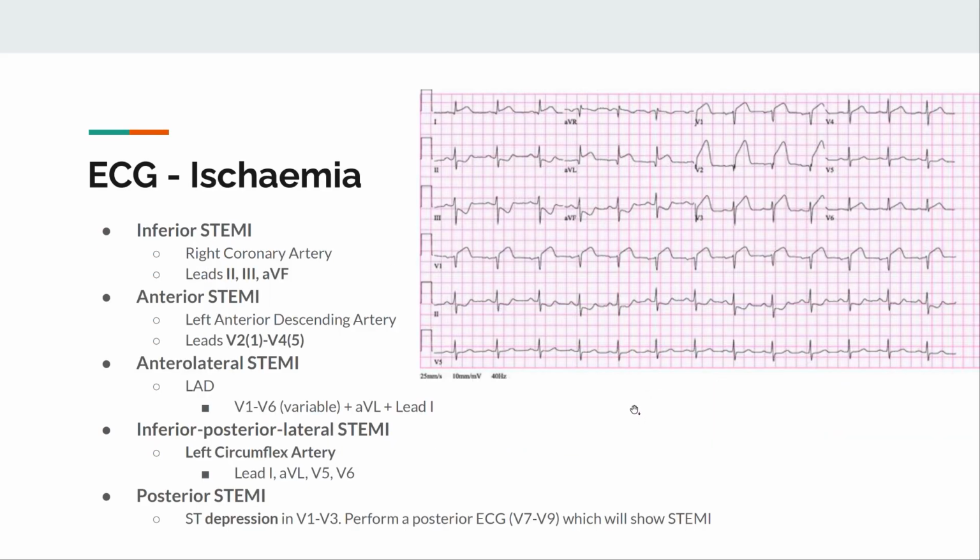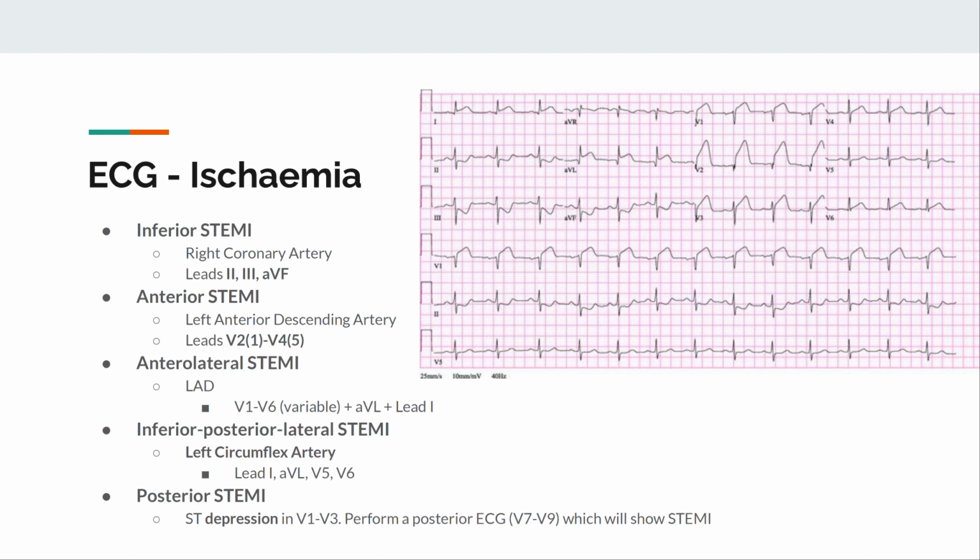ECGs, there's two purposes to them. One is to detect ischemic change, and the other one is to detect rhythmic change. So you already know all of this about ischemia, the different STEMIs, the different blood vessels, and the different leads. I personally just remember the 2, 3, AVF, and then I think about the front of the heart, and I go, yep, it's roughly V2 to V4. And then I say, well, what's left?